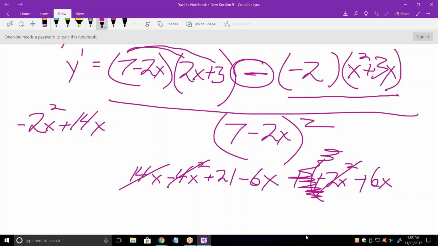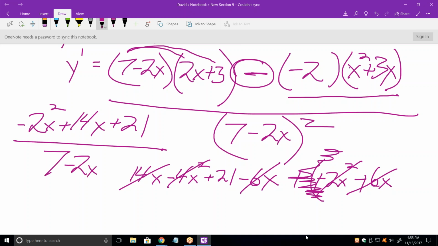And how many numbers? Plus 21. Okay. And the denominator is still 7 minus 2x squared. And there really is no point in expanding this. And that's your answer.